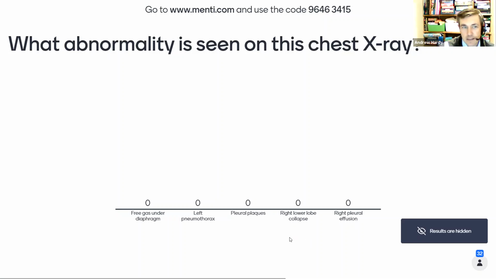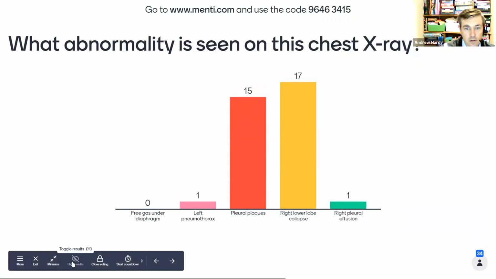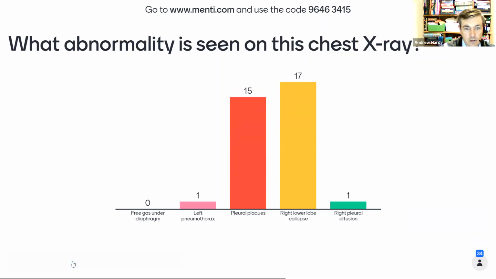Give you another 10 seconds for this one. Okay, so I've got sort of 50-50 pleural plaques and right lower lobe collapse.